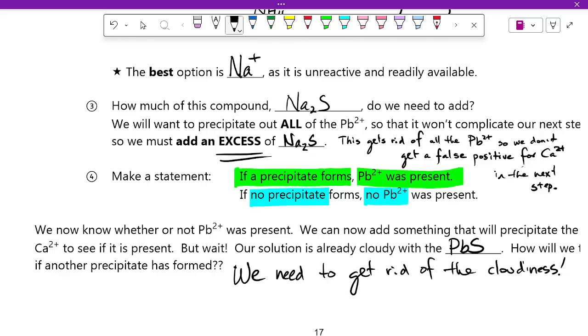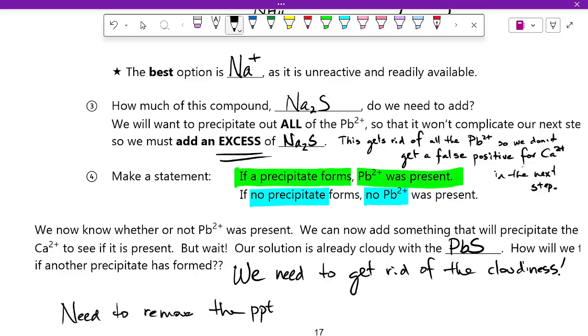In other words, we need to remove the precipitate. Anyone know how to remove a precipitate from a solution?